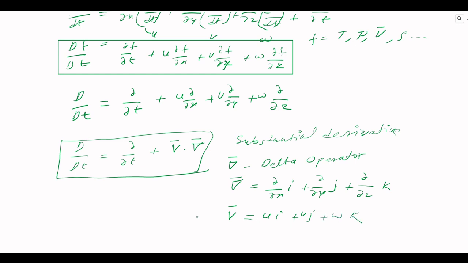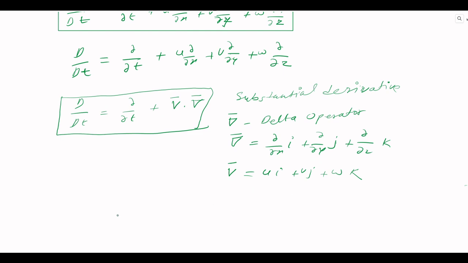When we write in this form, we take the dot product of these two: u i plus v j plus w k dot with the del operator, whose value is partial by partial x i, plus partial by partial y j, plus partial by partial z k.